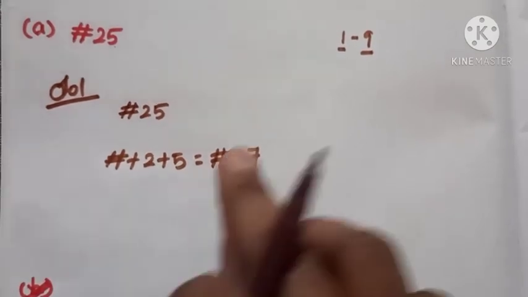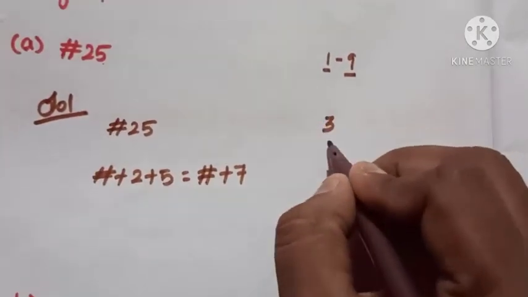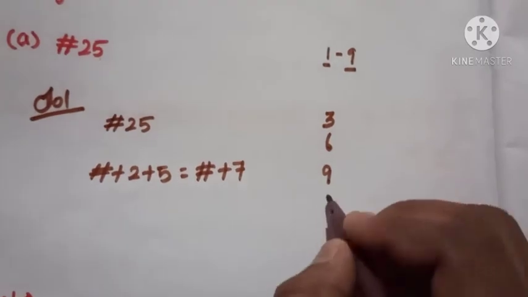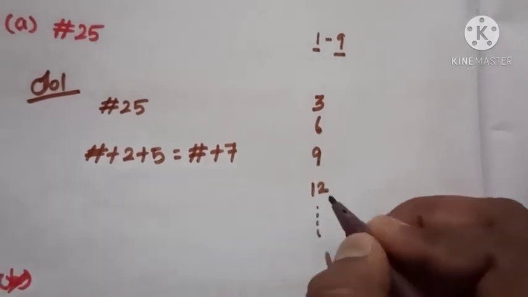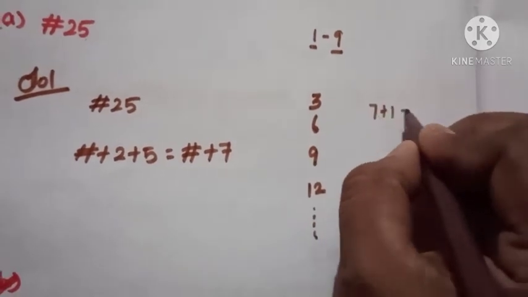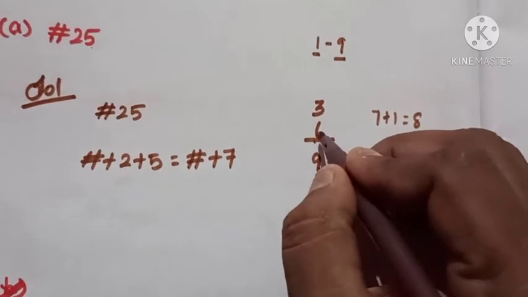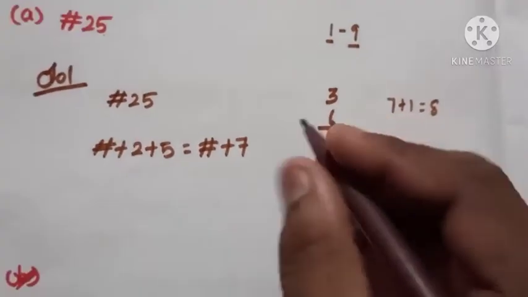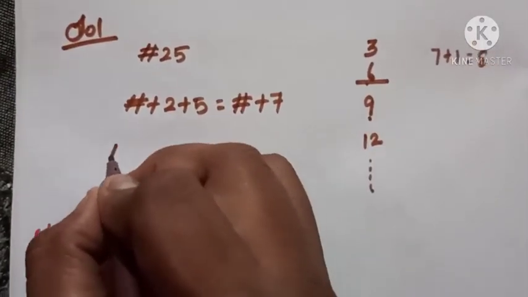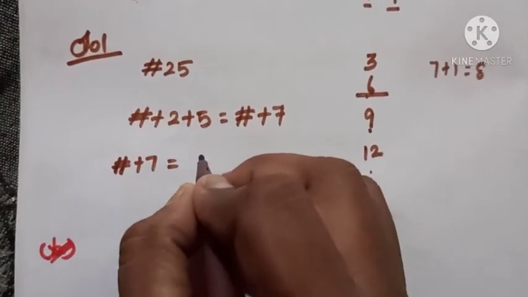For example, what is the table of 3? 1 3 is 3, 2 3s are 6, 3 3s are 9, 4 3s are 12, etc. 7 plus 1 is 8, which is always greater than 6, so we need to take 9. So the first chance: ash plus 7 is equal to 9.